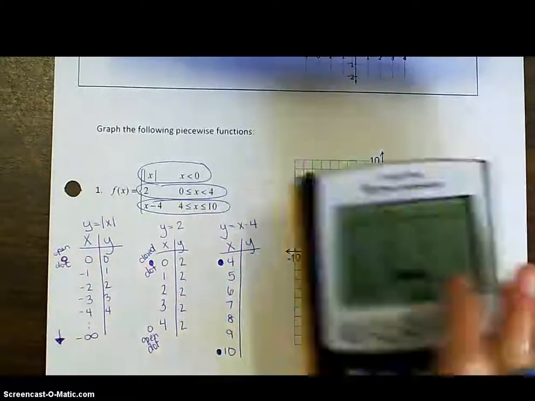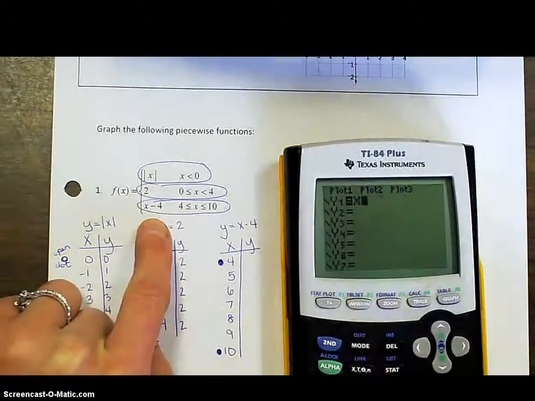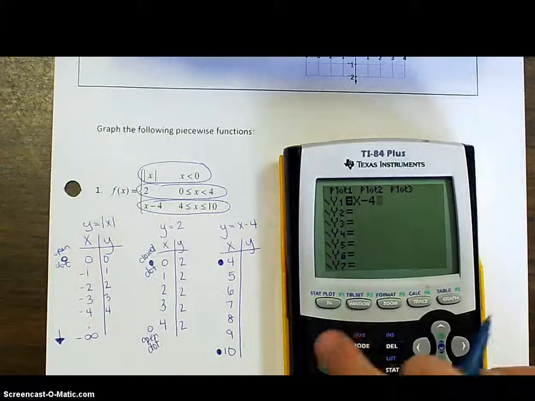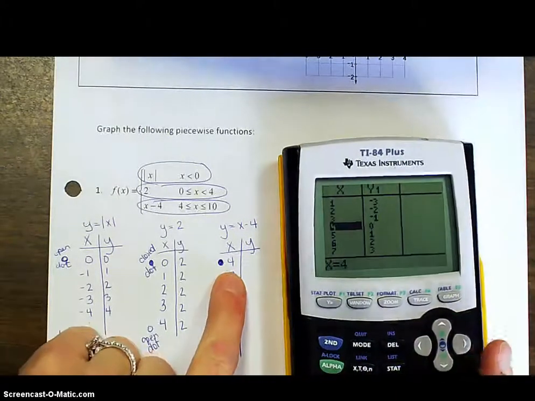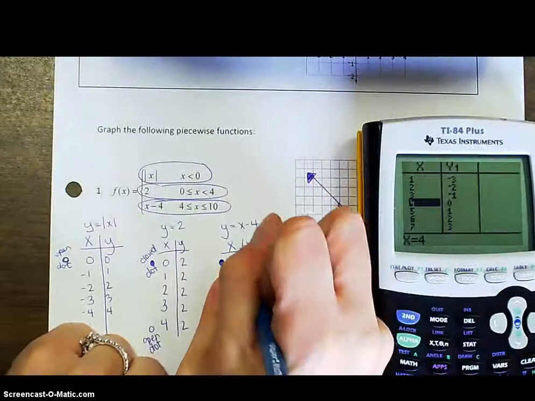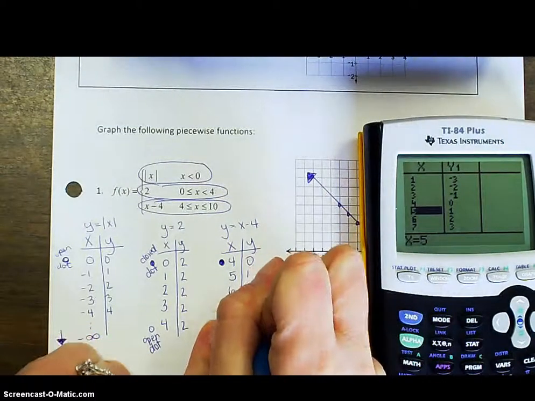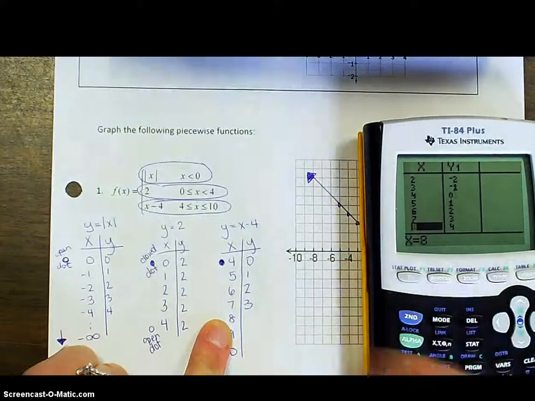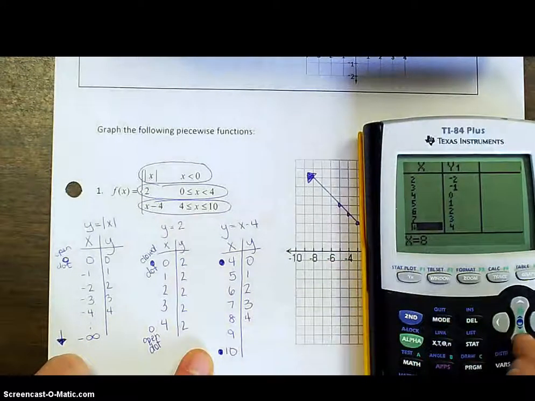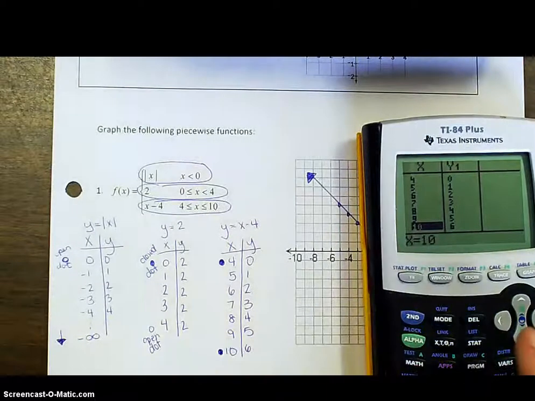Okay, so let's go ahead now and fill in our y's. So we're going to go to our y equals, and now we're going to type in x minus 4, and then we're going to go to our table of values. All right, and we're going to go down. So at 4, we're going to be at 0. At 5, we're at 1, 6 is 2, 7 is 3, 8 is going to be 4, 9 is 5, and 10 is 6.